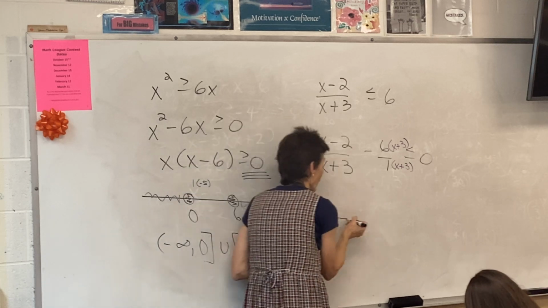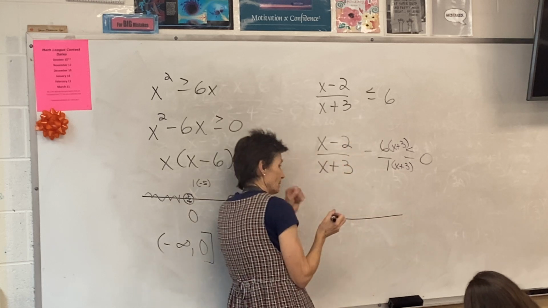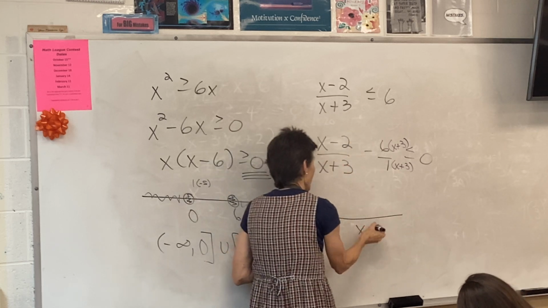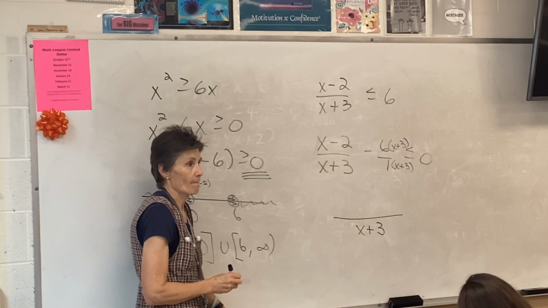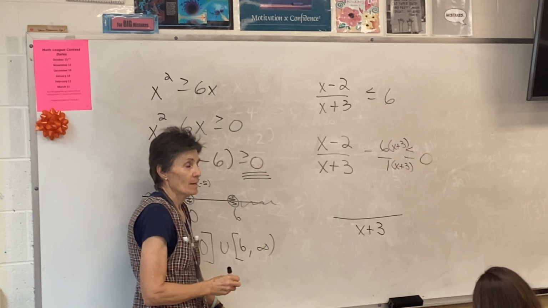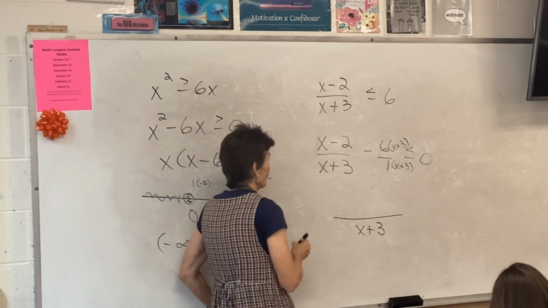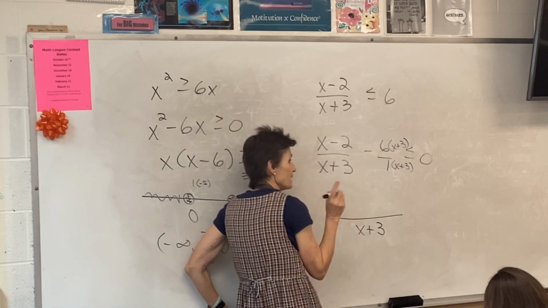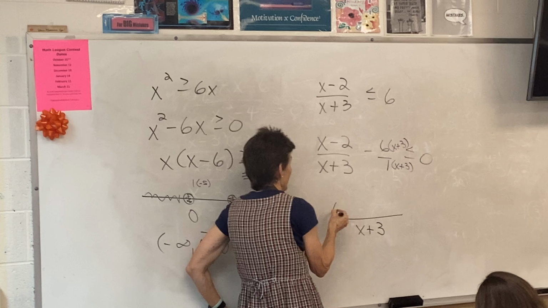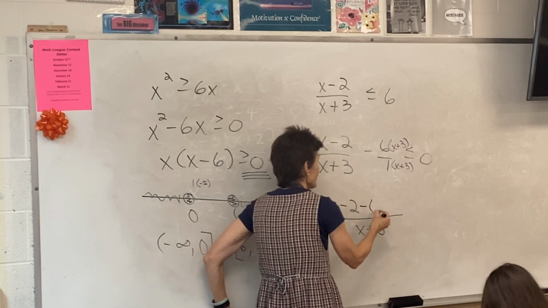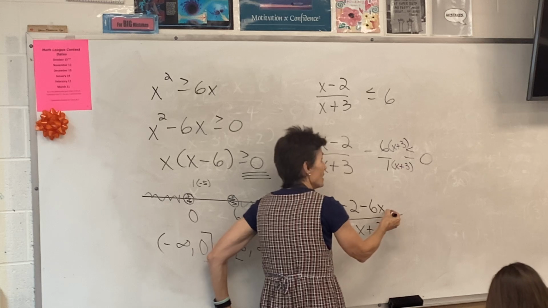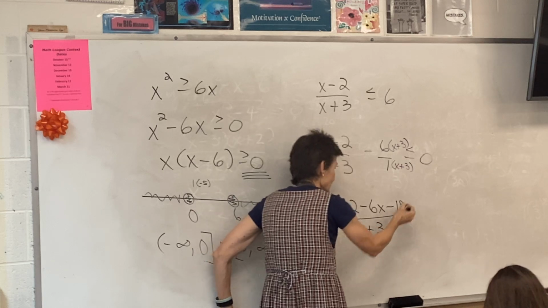Now I write one fraction with my denominator. And then my numerator will be, careful, x minus 2 minus 6x minus 18.